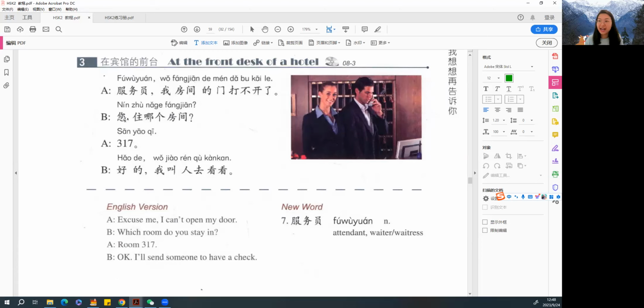So here we also have this habit or tradition when there's someone that you are not familiar with or you want to show respect, especially when you are talking with senior people, then we use 您。您住哪个房间？哪个 means which room. 住 is living, staying in, a new word here.